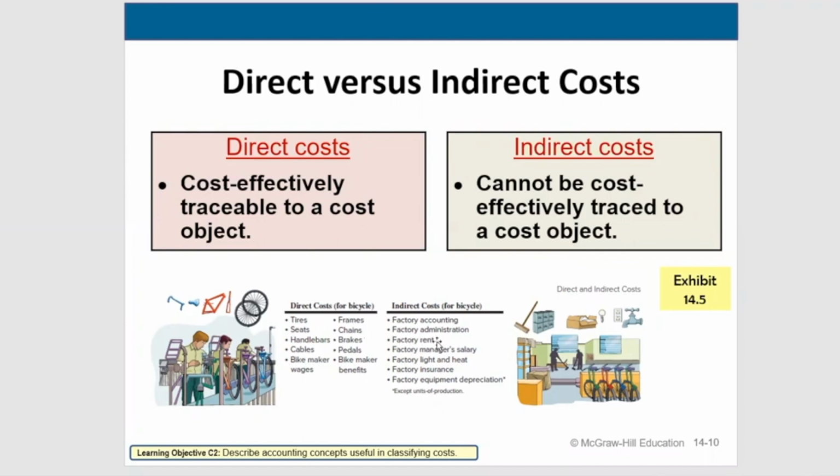The rent is a kind of fixed cost every month. Same with all these. The factory manager doesn't really work on a specific bike, right? She's just walking around, making sure the workers are working hard, right? The factory utilities, insurance, depreciation, all these things are indirect costs of running the factory, but we don't really trace them bike by bike.